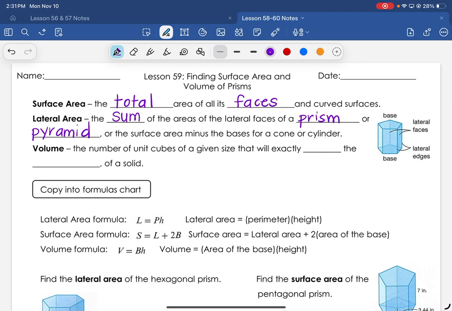I'll explain that in greater length here in a minute. Volume is the number of unit cubes of a given size that will exactly fill the interior of a solid. So all the space inside.